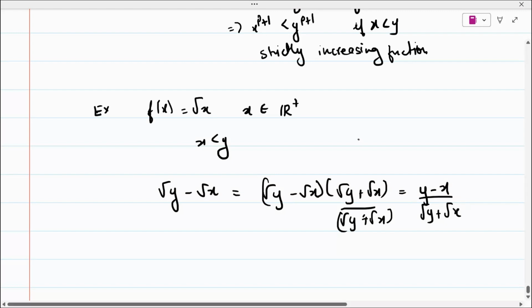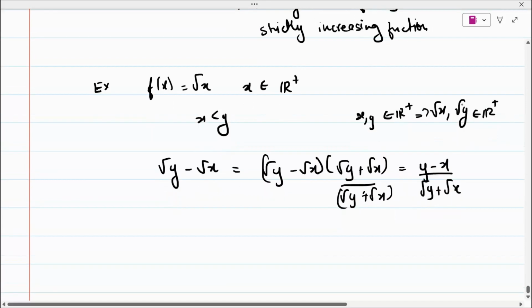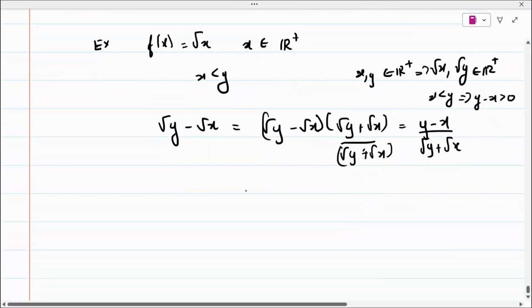Now x is a number, and the root of x is positive obviously, because it is the square root of x. Now then simplify this, this is root of 1.